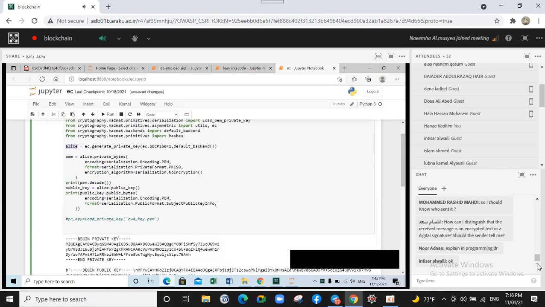This is the private key in PEM format, and this is the public key. So Alice's private key, and the public key is Alice's public key.